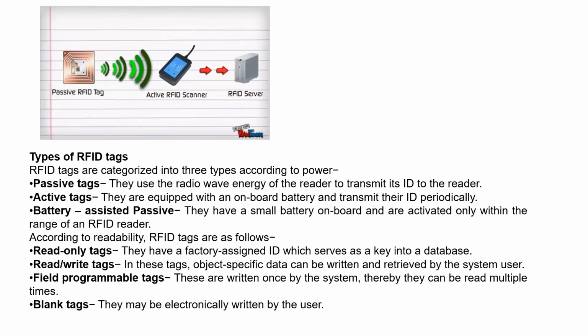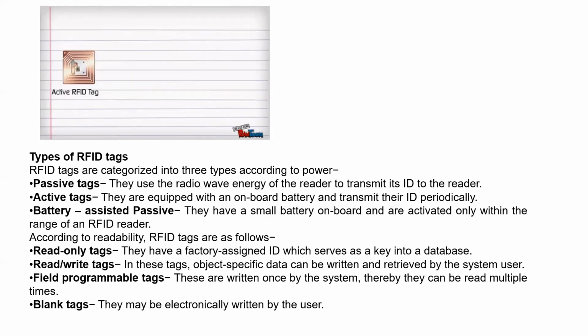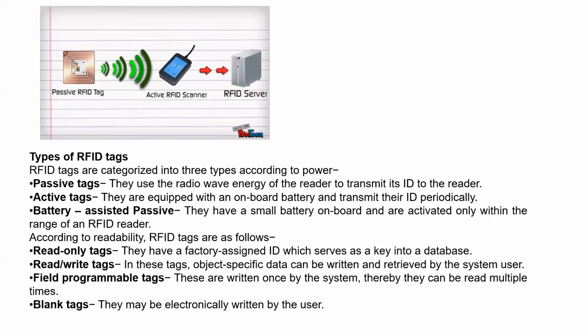According to readability, we can categorize radio frequency identification tags into these types. For example, read-only tags. The type of memory present in the tag is read-only memory. Only the factory has assigned an identity on this memory, and this cannot be changed.